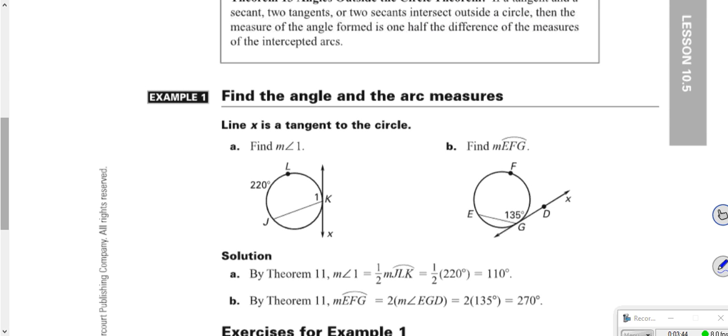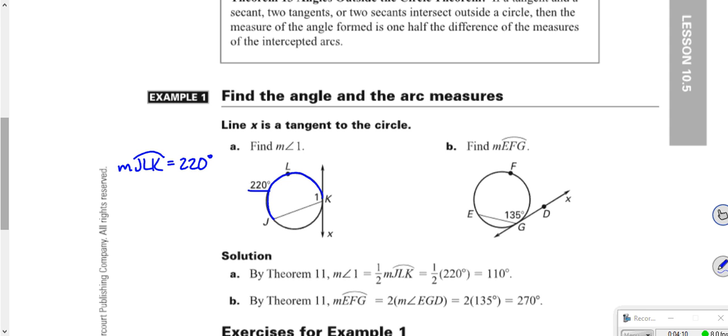It says line X is a tangent to the circle. Find the measure of angle 1. Now this is part A. First of all, this arc measure is 220. That's the whole arc. So the measure of arc JLK looks to be 220.